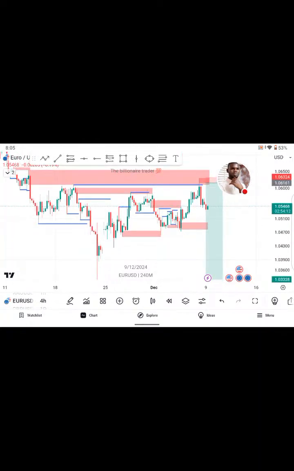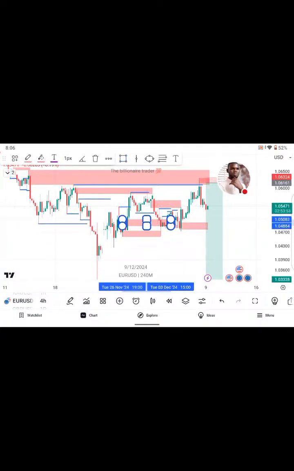There is a BOS here, one. There's another BOS above it, even after the mitigation, and we have this low available as liquidity, and we have an FVG below that low. Yeah, this is the FVG from here to here. So I know price is going to take out that low and mitigate that.